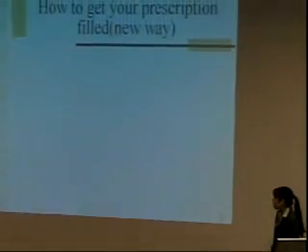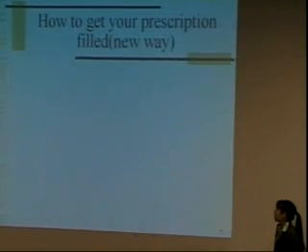Actually, electronic prescription has been employed by some companies in the US since the mid-90s, and most of the structure is as follows.